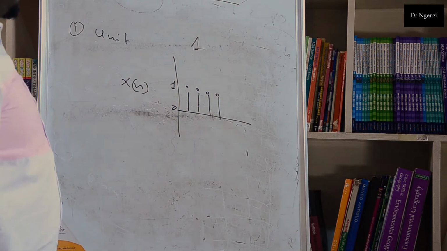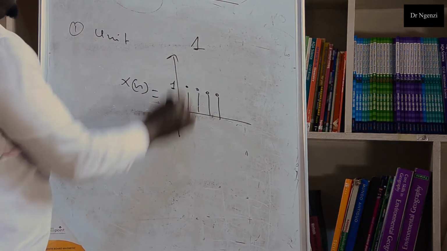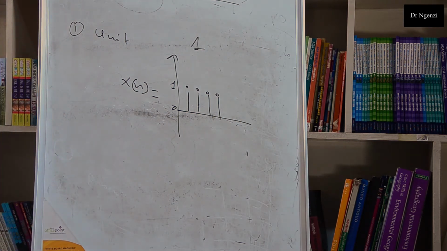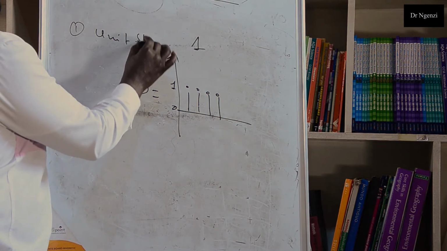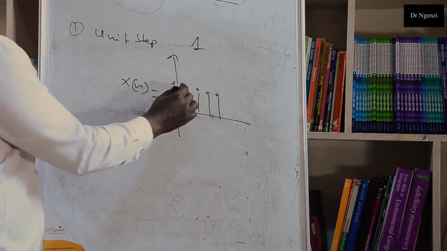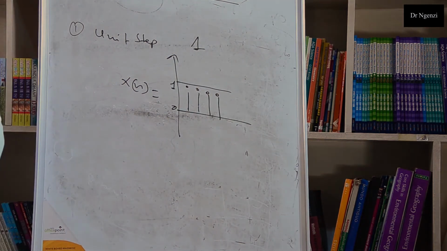And this one is going to be a unit step signal. A unit step can look like that, so they are going to be all at this level.